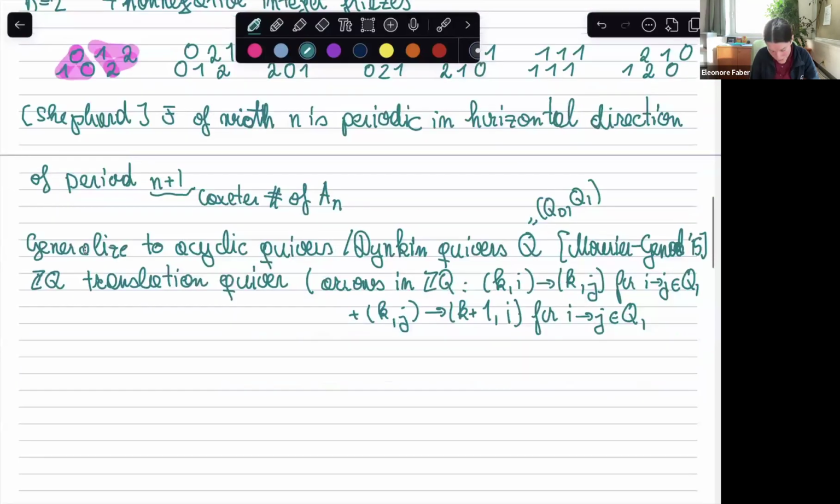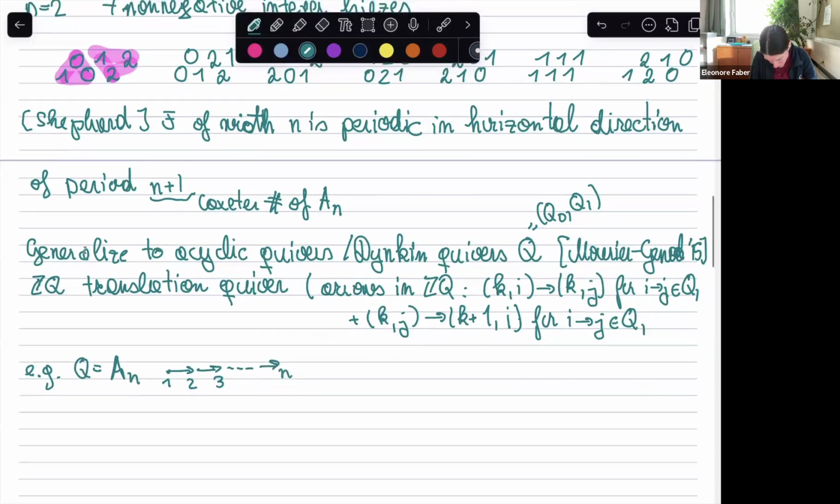And so how does this look? It looks very familiar. If you take Q to be an A_n quiver, with the orientation 1, 2, 3, and so on up to n, then I can draw the translation quiver in this form. I'll draw it here just for n equals 1, 2, 3, 4, 5.